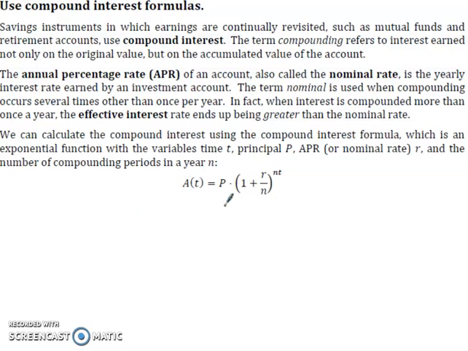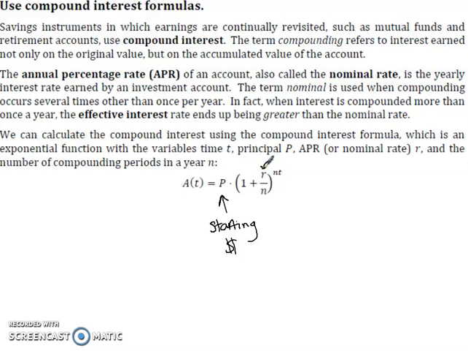So, for example, this P would be the principal or your starting amount. We multiply it by 1 because after some time has passed, you still have that 100% of your starting amount. But we are also going to be adding on a certain percentage for your interest.